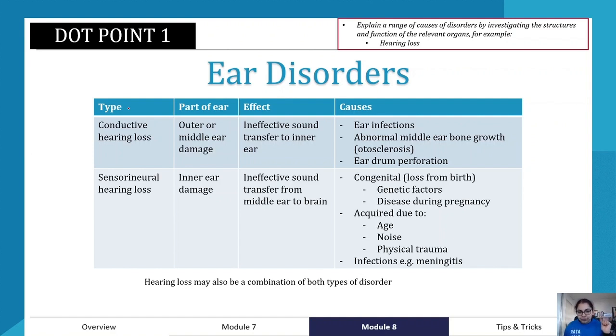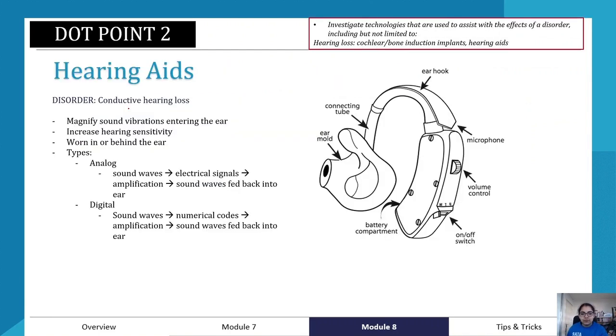Causes: it can be congenital, so loss from birth, due to genetic factors or diseases during pregnancy. It can be acquired with age, noise, trauma, and also infections like meningitis. Hearing loss can also be a mix. So mixed hearing loss refers to conductive and sensorineural hearing loss, a mix of the two.